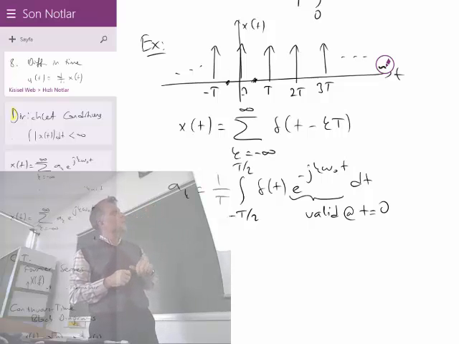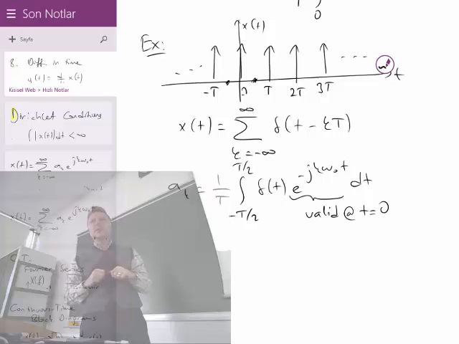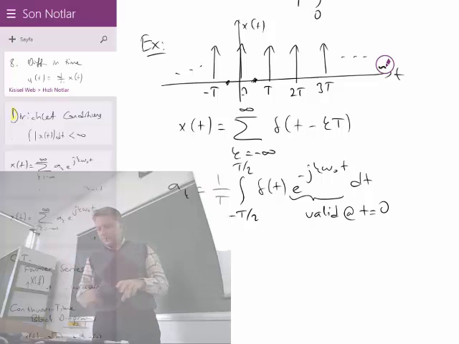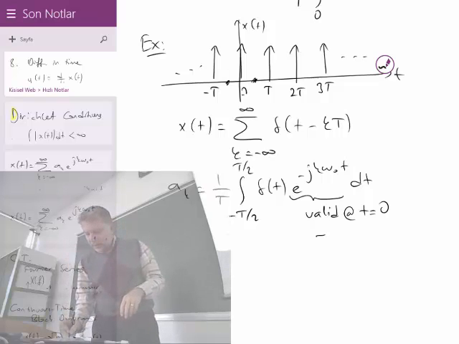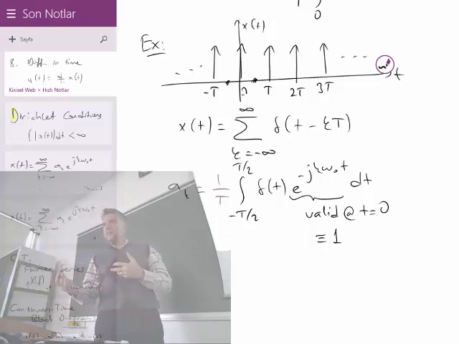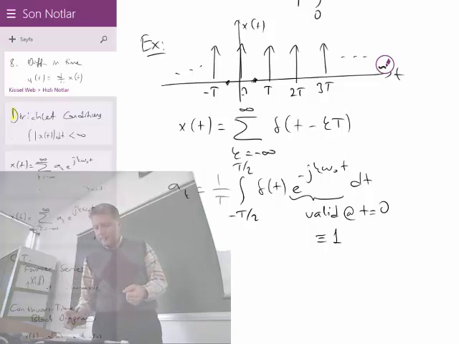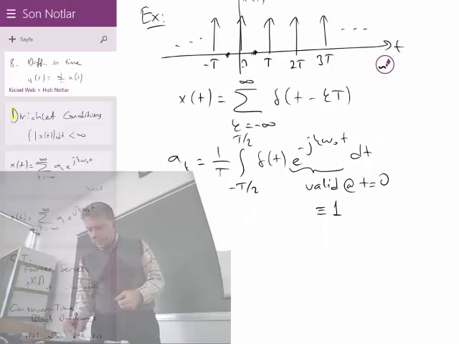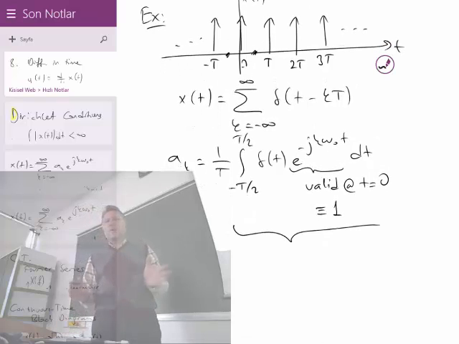When t is equal to 0, what is e to the minus jk omega 0 t? 1. So that is equivalent to saying 1. And then we have delta t times 1. When you integrate the impulse, what is the area under the impulse? 1.